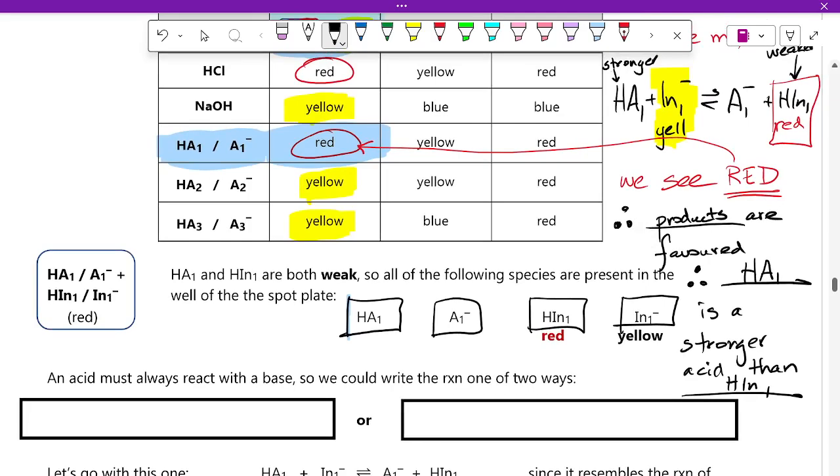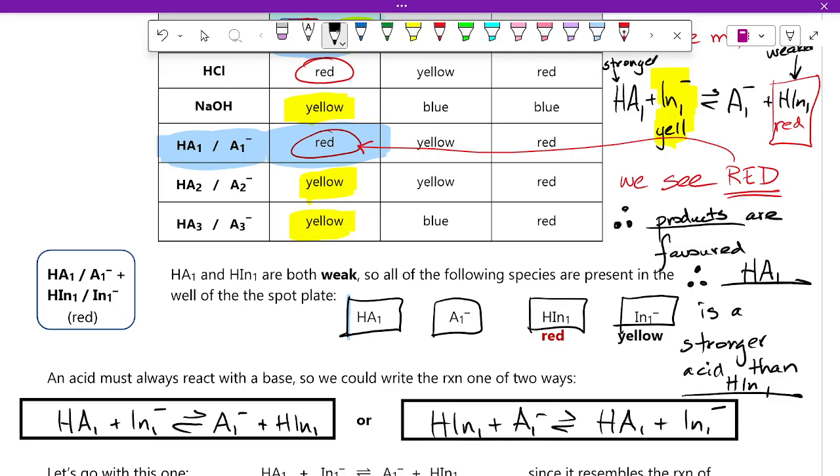Now, all these little blanks down here are just to say you could have written this equilibrium as HA plus In minus in equilibrium with A minus and HIn. Would it have been okay to write it as HIn plus A minus in equilibrium with HA plus In minus? Would that be okay?